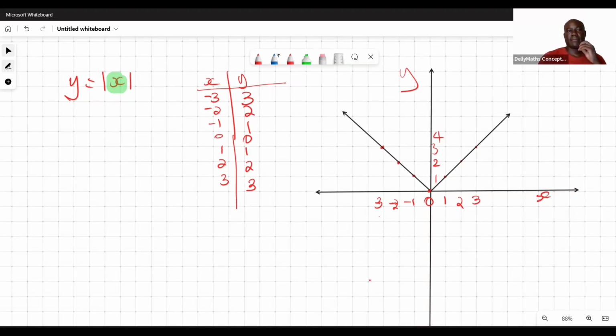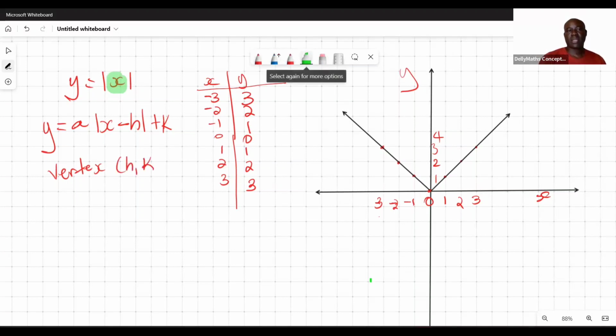The general format is y is equal to a times the absolute value of x minus h, plus k. In this case, our vertex, which is the important part of the graph to understand, is right here. The coordinate of the vertex is (h, k).